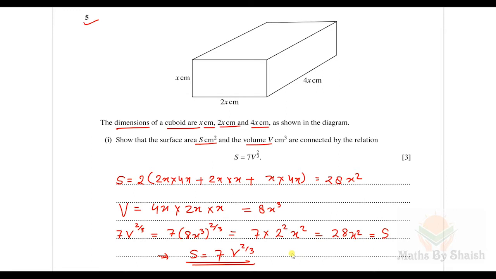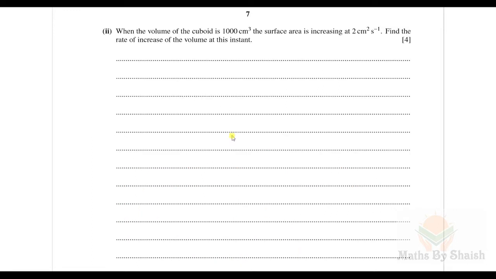Let's do the second part of it. When the volume of the cuboid is 1000 centimeter cube, the surface area is increasing. Means when V is equal to 1000 centimeter cube, dS over dt, the surface area is increasing at the rate of 2 centimeter square per second. Find the rate of increase of the volume at that instant. It means we need to find dV over dt.